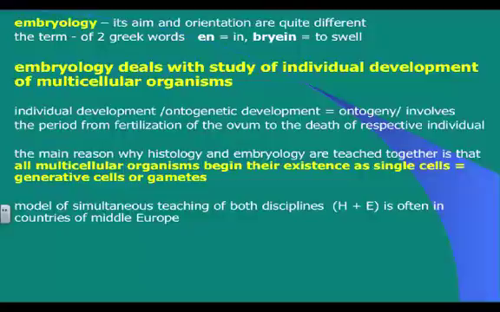Very important. Okay? Embryology really comes from the Greek. It really means to swell, which is how the Greeks looked at pregnancy. They had some rather unique ideas about how embryos develop, but we are interested in the development of the individual.